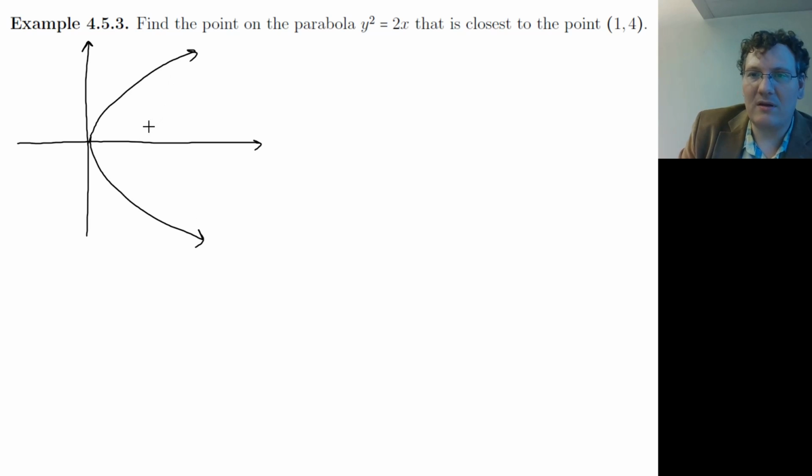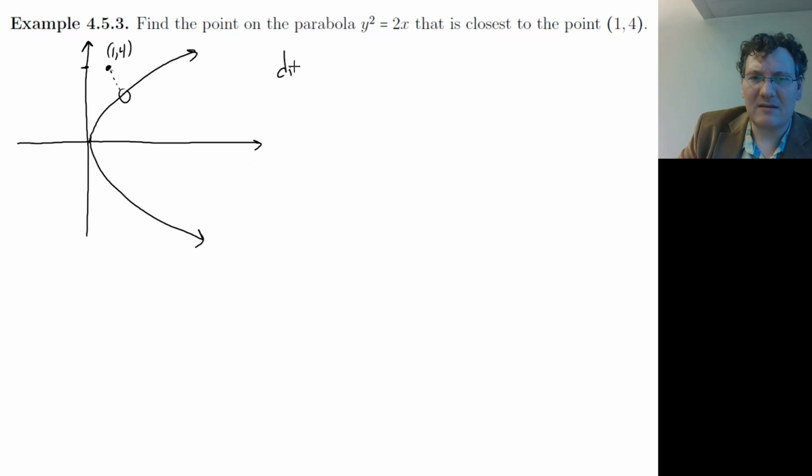And if you plug 1 in for x, you would get 2 for y. So the point 1, 4 is over here. So if we were to try to estimate this, we would say, well, probably around where this point might be. Now, how do we even do this?